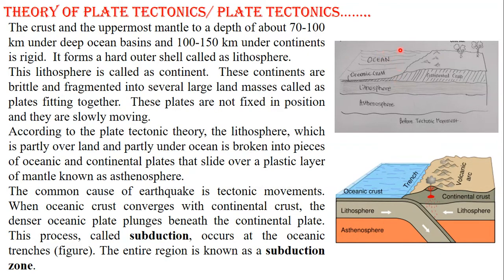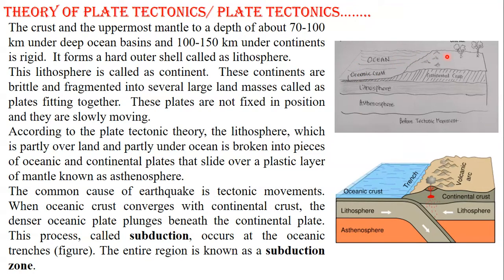Here is the figure, or one can consider this figure, both are the same. This figure shows a section before the tectonic movement, and this is the section after the tectonic movement. Here this is the continent, earth surface, and to this side this is ocean.